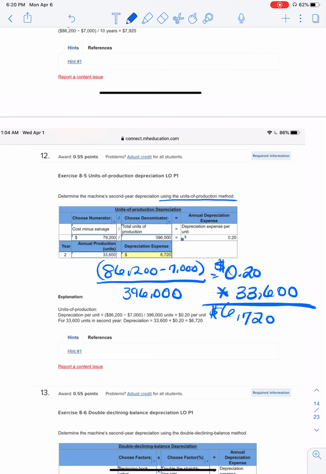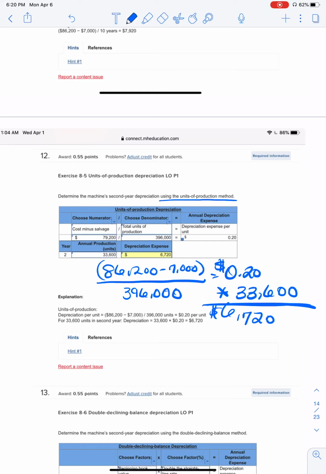Now you may notice that one of the key differences here between number 12 and number 11 is that in number 11, I told you we may need to factor in the percentage of the year. However, in number 12, I mentioned nothing about time, and that is because that is already inherently factored into the calculation.